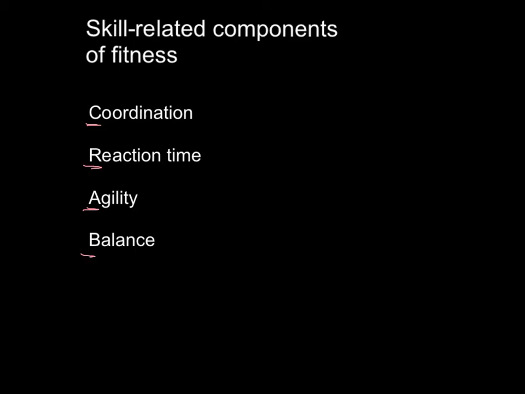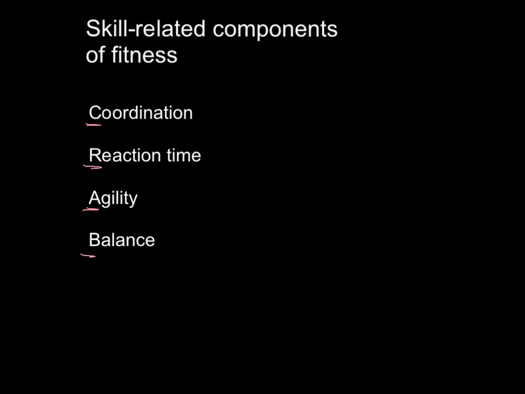C-R-A-B. If you can picture a skillful crab, I've got a picture in textbooks of a crab juggling, carrying things, all daft little pictures like that. That will act as a big clue as to which ones are skill-related components of fitness. So coordination, reaction time, agility and balance. Which of the skill-related components are skillful crab, C-R-A-B. That's your cue to use to remember which are the correct components of fitness.